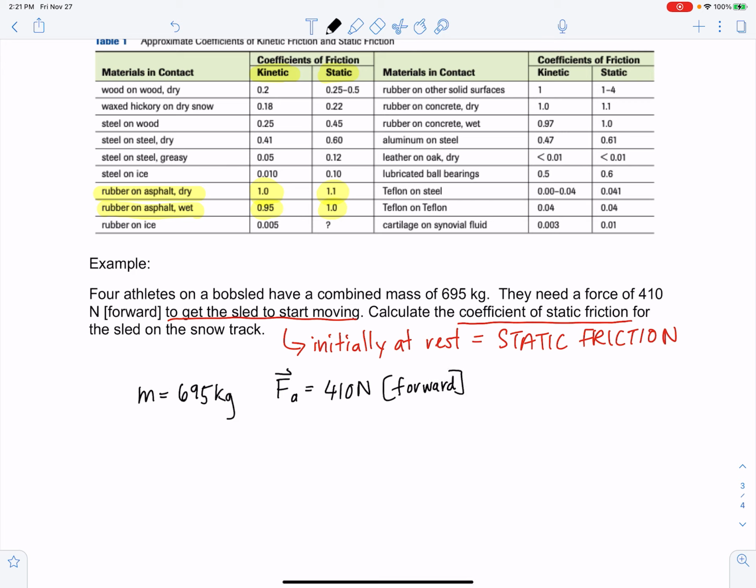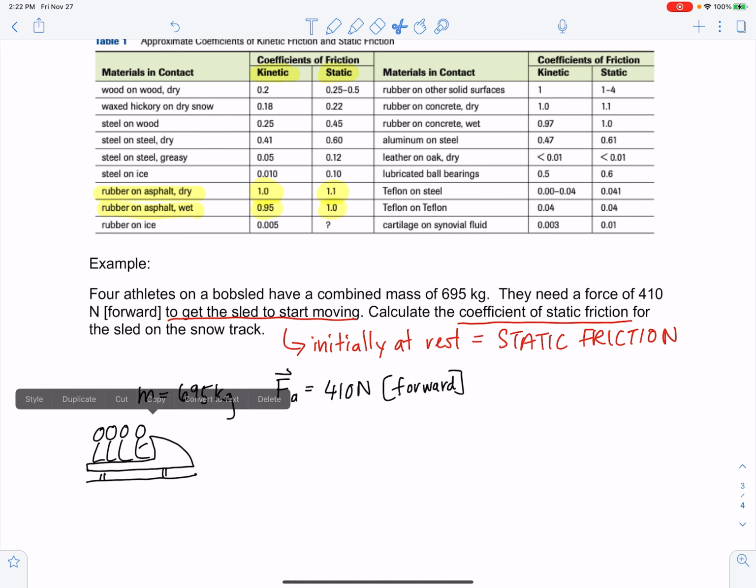So I'm going to do my best to draw an example of a bobsled. And there are four people on it. One guy in the front is driving. So in order to get this to move forward, you have to apply a force of 410 newtons.